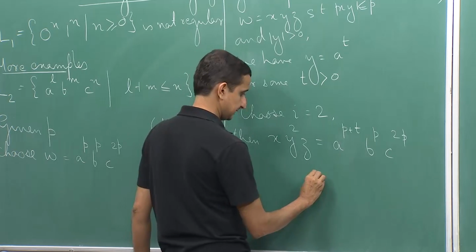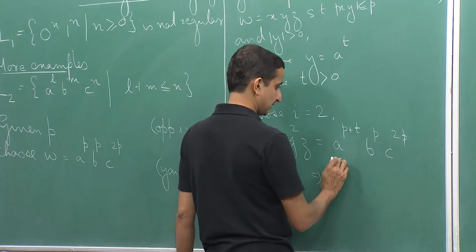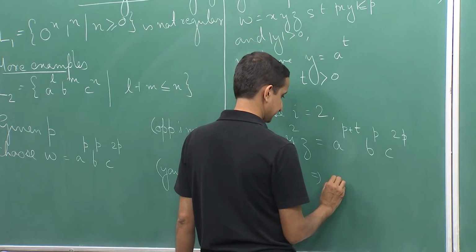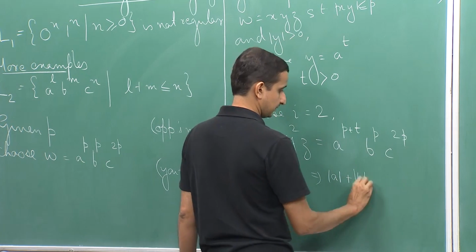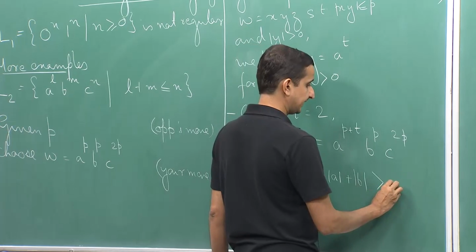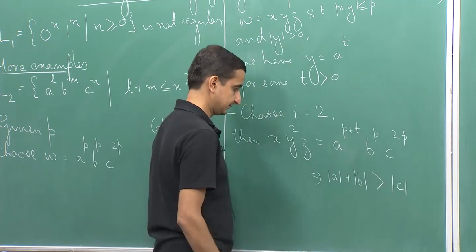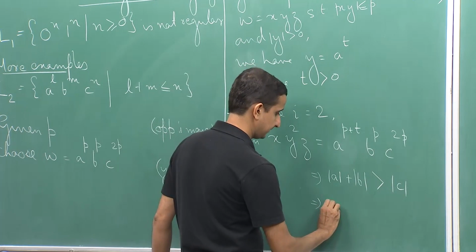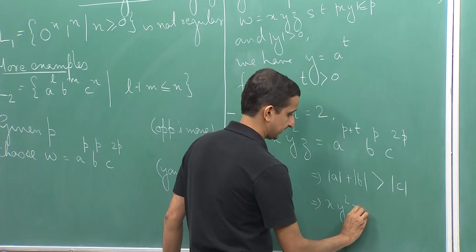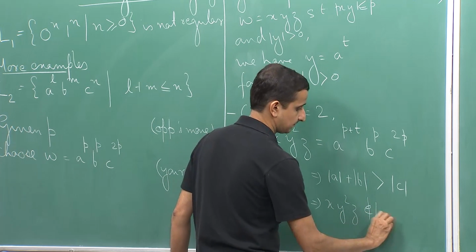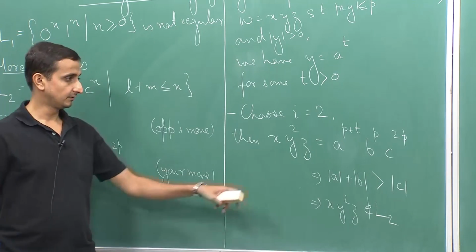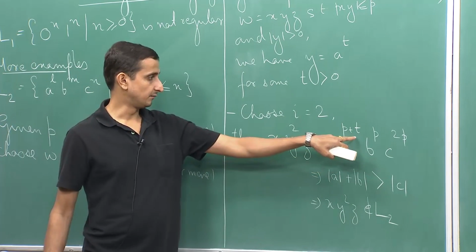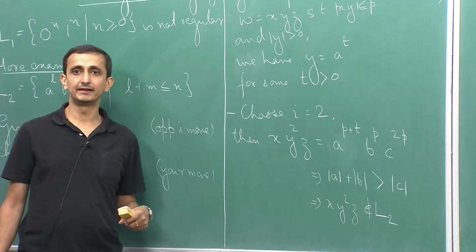This implies that the number of a's plus the number of b's is strictly greater than the number of c's, which implies that x y squared z is not in the language. This happened because t is strictly greater than 0.